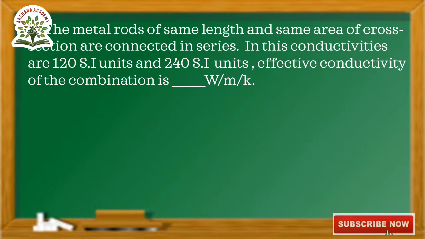So in this question, the metal rods of same length and same area of cross section are connected in series. We have to calculate the effective conductivity of the combination in watt per meter per Kelvin.